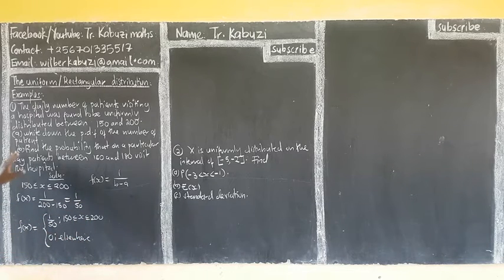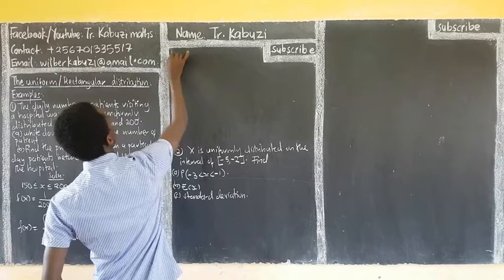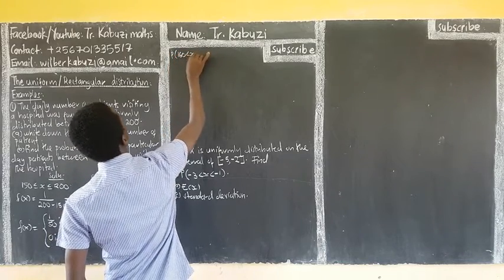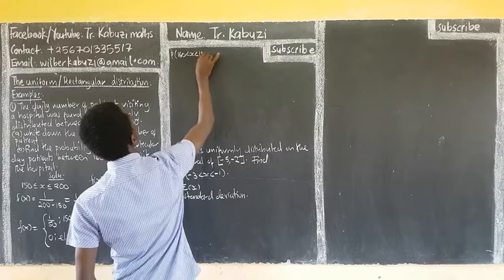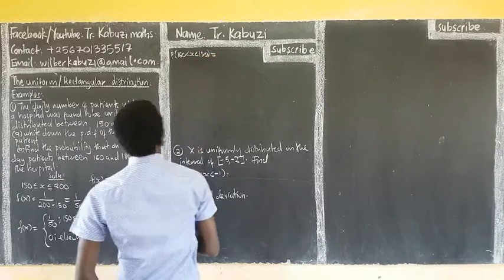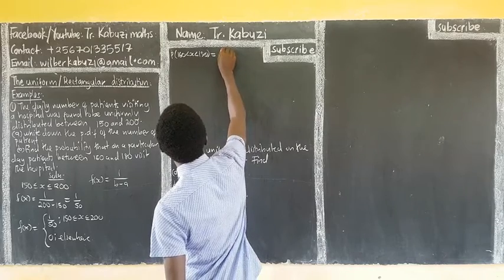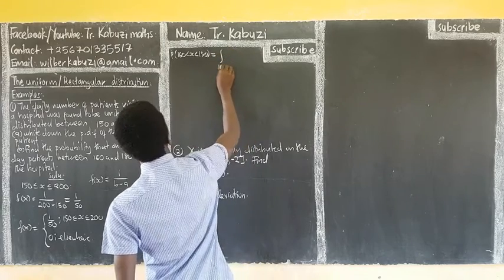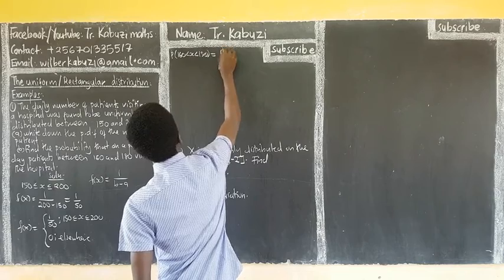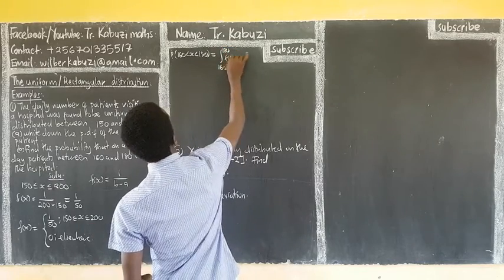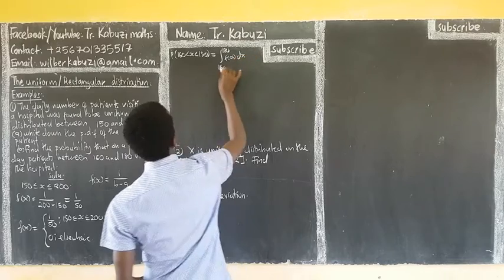Then part B, find the probability that on a particular day the patients are between 160 and 180. Remember our x is the number of patients. So this will be the integral from 160 to 180 of our PDF f of x dx.